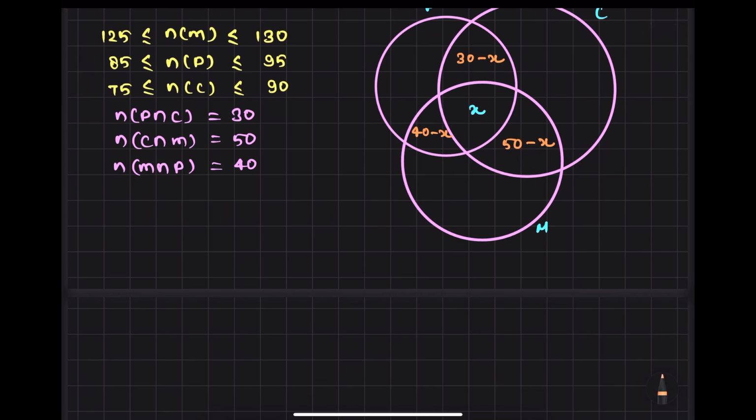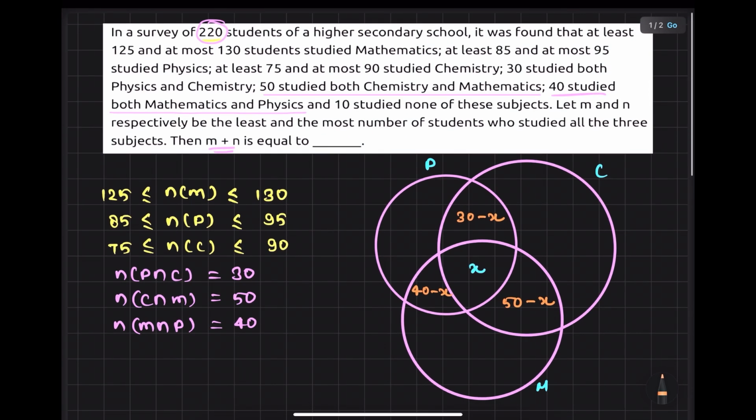The lower limit is 285 for n of M plus n of P plus n of C, and the upper limit is 315. I hope till this part you are okay.